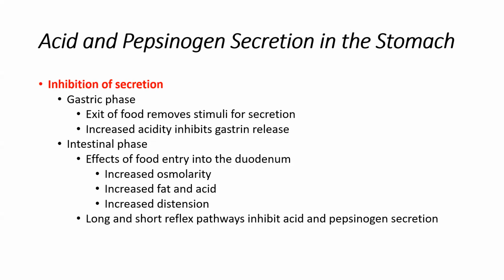So once again, if we start to see too much of these things, there's going to be a negative feedback onto the duodenum to shut off these secretions, okay? And this is going to elicit the long and short reflex by inhibiting acid secretion and inhibiting pepsinogen secretion to shut off the acid production and the breakdown of proteins.